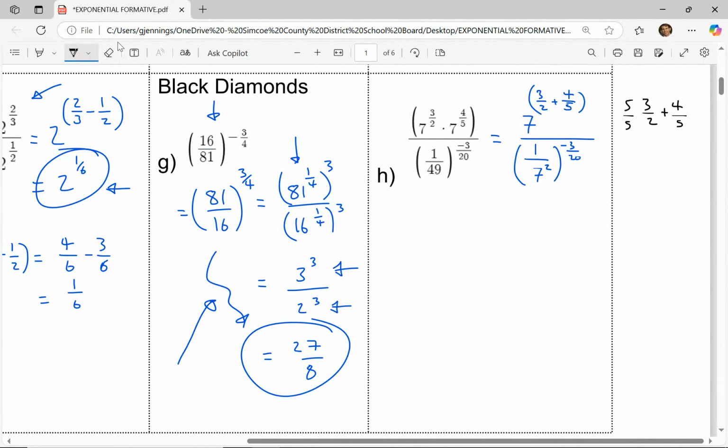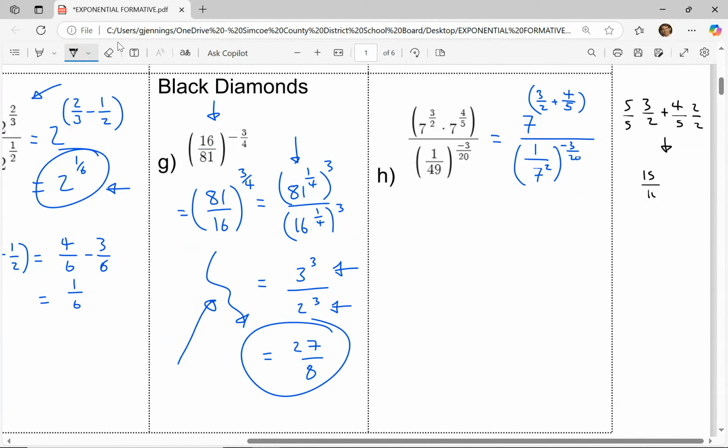So that gives us 15/10 plus 8/10. Together that's 23/10. Cool. So let's write that. That's our numerator. So that's equal to 7 to the 23 on 10.